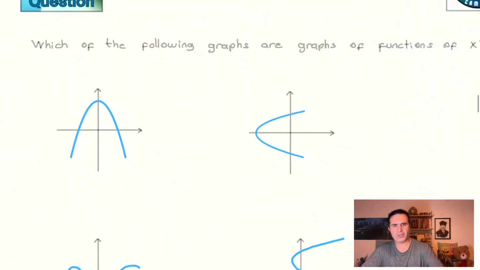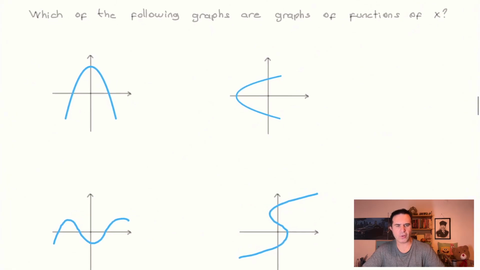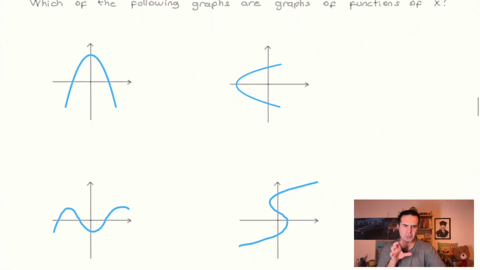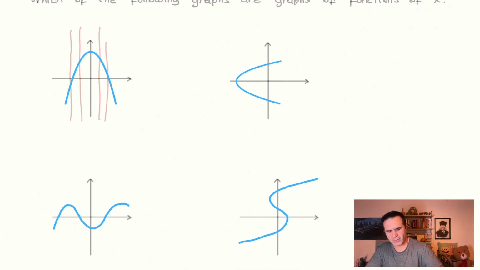And the first problem. A question: which of the following graphs are graphs of functions of x? In order to solve such problems, we again use the vertical line test. If you draw lines like this, every line in the first graph touches the graph just one time.